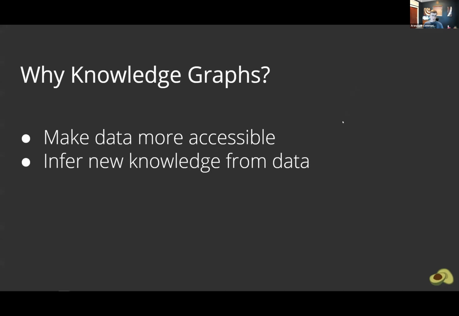So why knowledge graphs? I kind of just went over that, but the goal is to make this data more accessible, typically with a focus on being more machine readable, and with the end goal of inferring new data from that data. When I say inferring, I'm talking about the ability to look at a bunch of data in Wikipedia and answer a question.